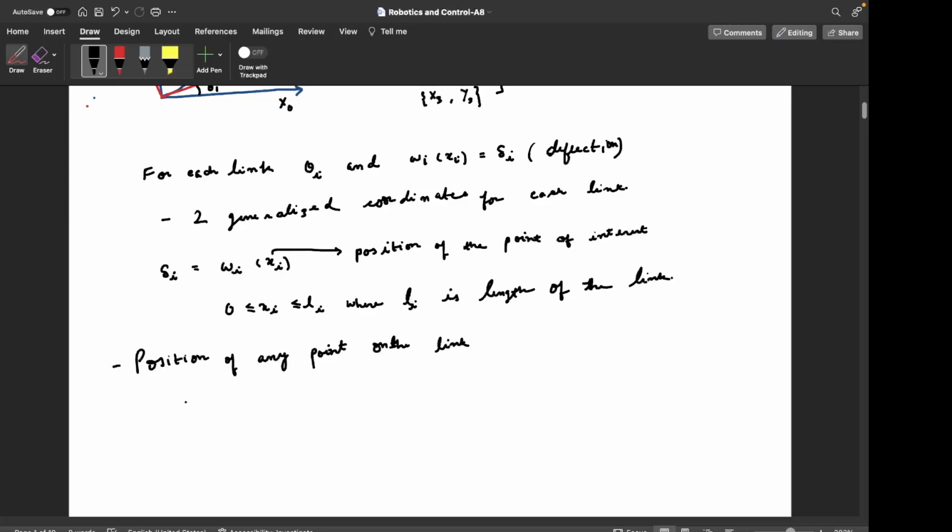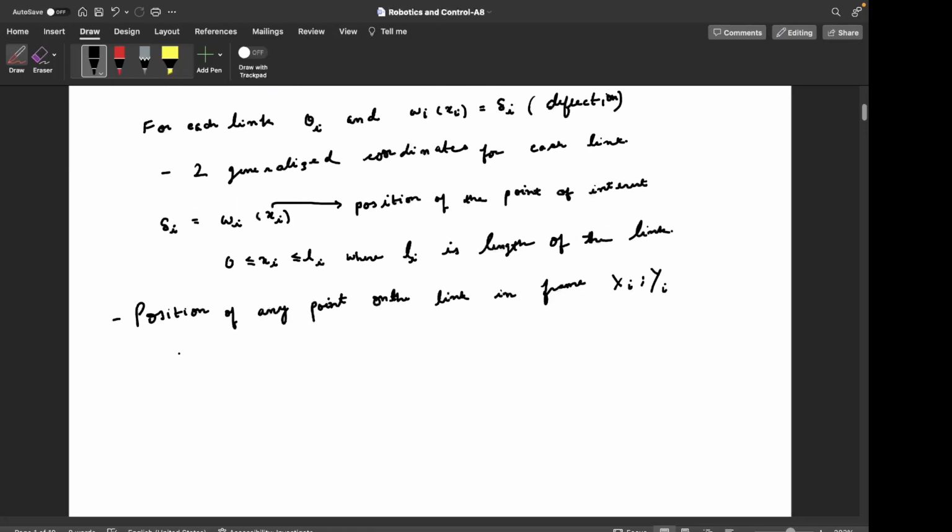So the position of any point on the link in frame xi yi. You have to note in which frame we are writing that position. It is a frame dependent quantity.